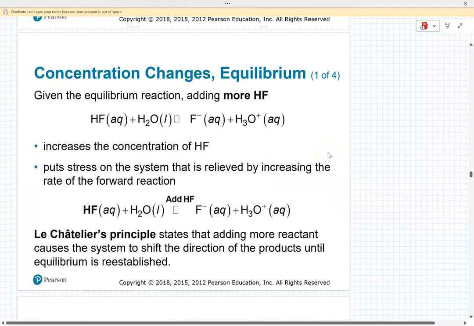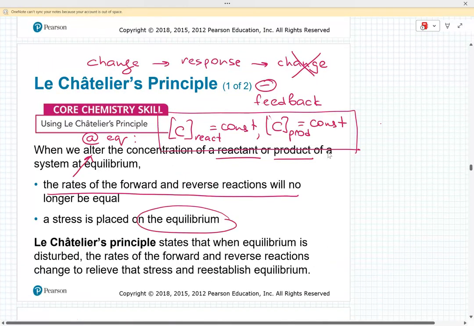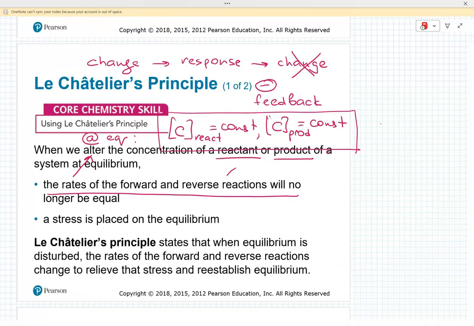And the critical thing is that, well, I'm going to highlight something here. You see this statement that the rates aren't going to be the same anymore? For our intents and purposes, I'm going to give you a very brief explanation regarding the reaction rates. Good?